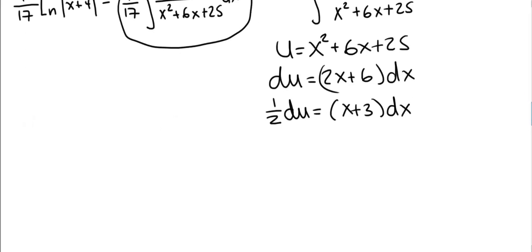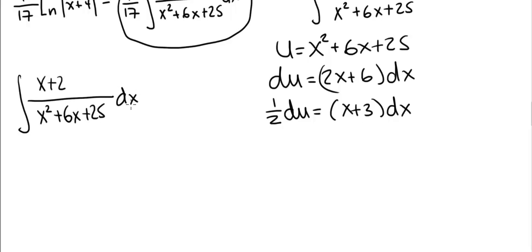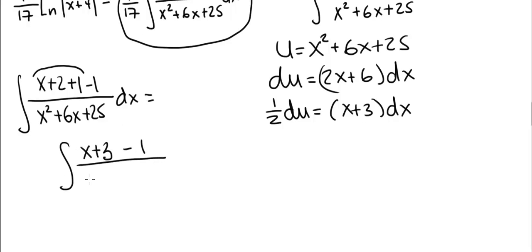Let's fix this. Here's our integral, x plus 2 divided by x squared plus 6x plus 25. What we're going to do is add 1 and subtract 1, so we didn't change the problem. But now these three terms give us x plus 3 minus 1 divided by x squared plus 6x plus 25.